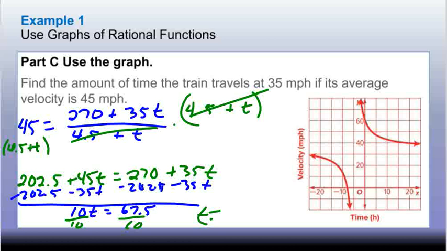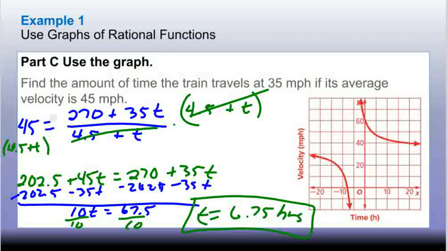The time would be roughly 6.75 hours. Now if I look at the graph here, since this is 50 here, 45 would be roughly here. If I go straight down, that's roughly where the 6.75 would be.